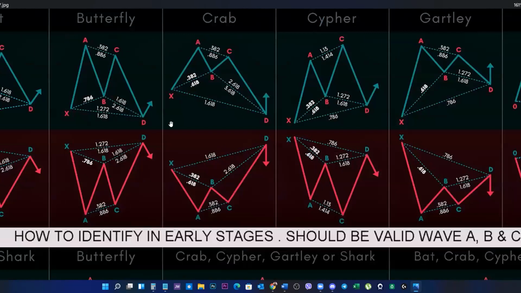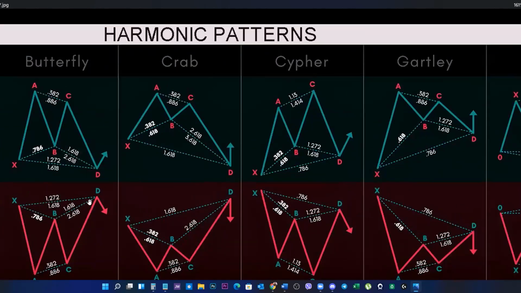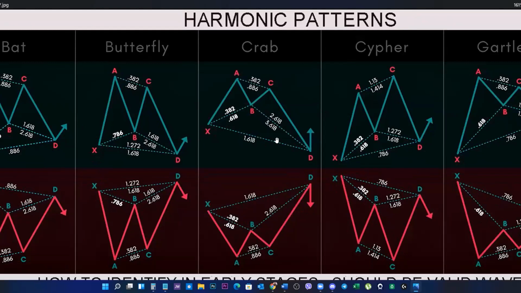And how to read this? This is just a simple one. As you can see, 0.382, 0.618, and this one is similar to that. So this will be your guide on which Fibonacci measurement or target you will use. So 1.618, as you can see here, measuring from this one, 2.618 to 3.618. So this is for C to D.